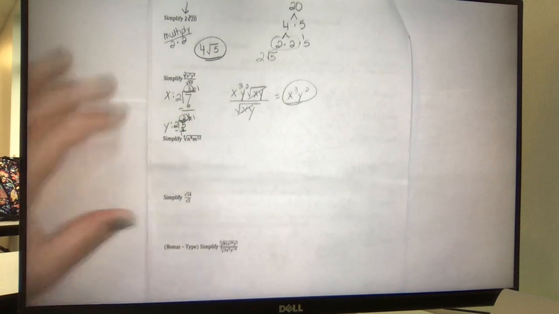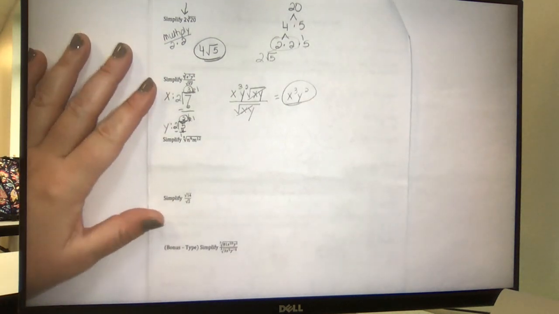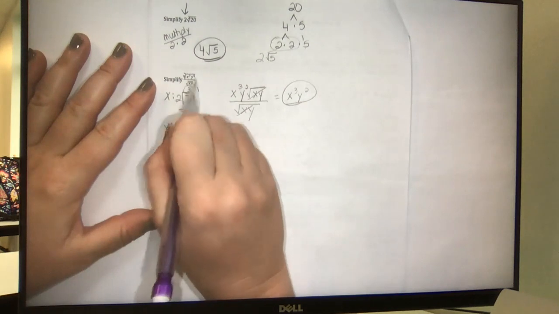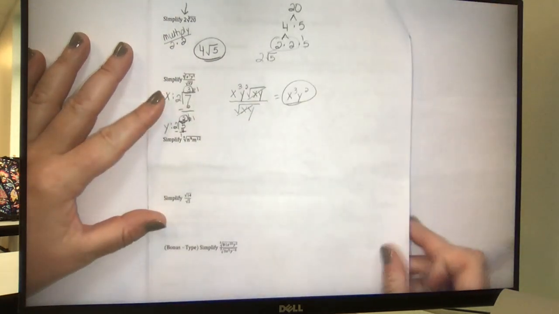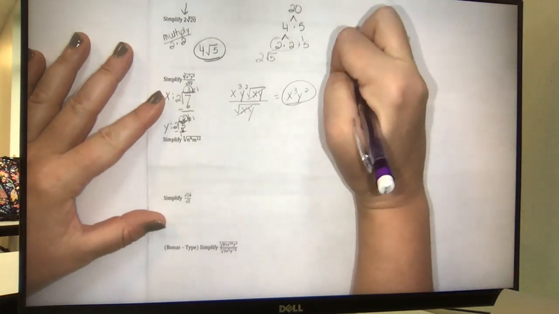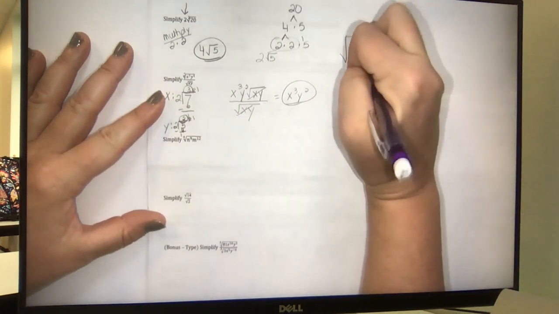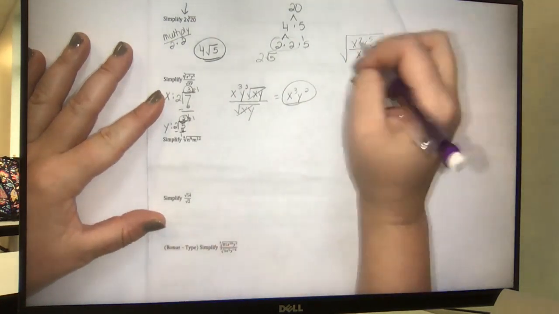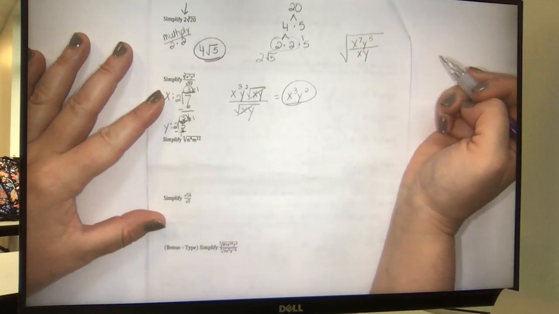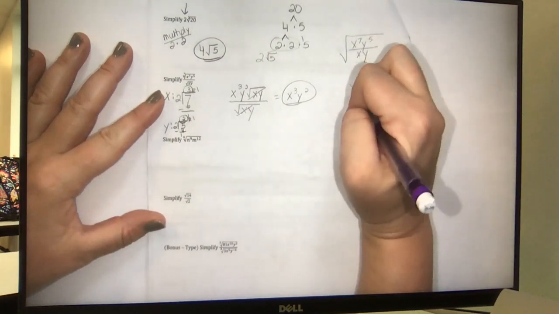Okay? Now, what I was going to show you is a lot of times if they do this and they separate it like that, what you can actually do is create one giant square root. It's kind of going backwards. Okay? And then you can clean up what's under here. So this is just another way you could do it.